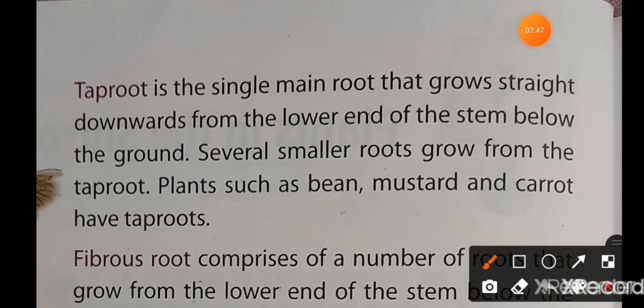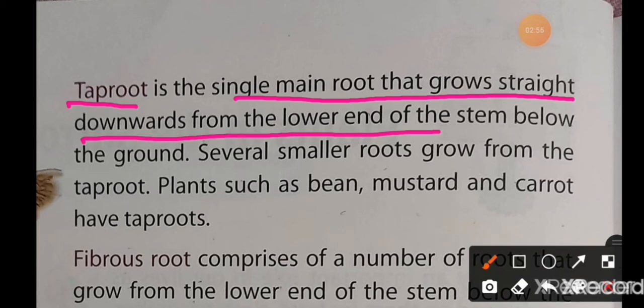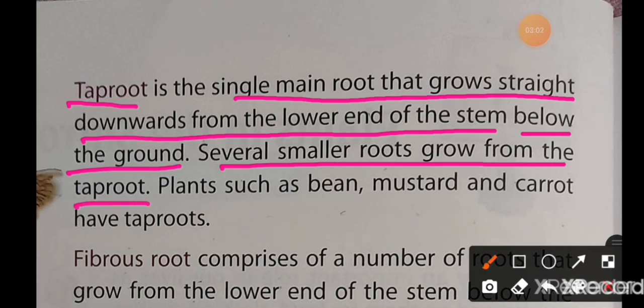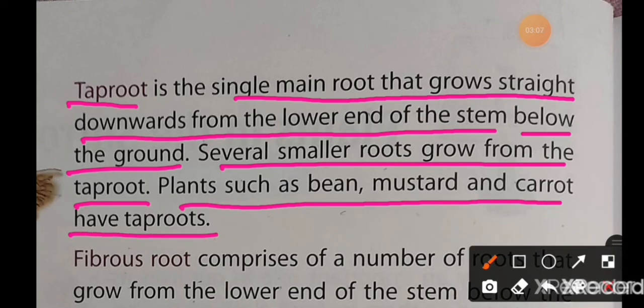Okay, the taproot. Taproot is the single main root that grows straight downward from the lower end of the stem below the ground. Several smaller roots grow from the taproot. Plants such as bean, mustard and carrot have taproots.